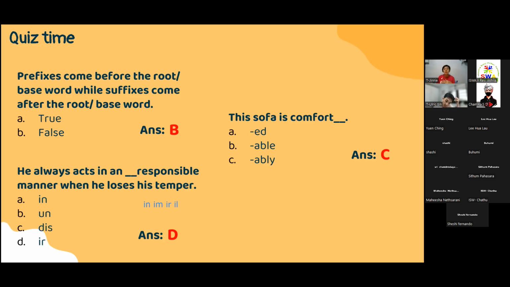It should be used this way: I sat on the sofa comfortably. It describes how you feel. However, now it's describing the sofa, so it's comfortable. Okay, very good. Thank you.